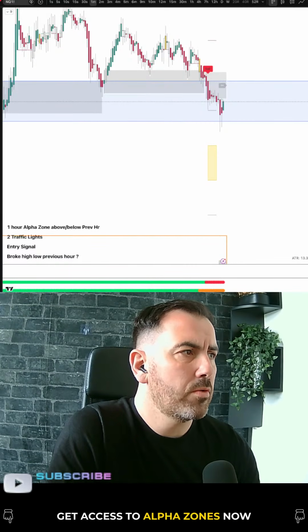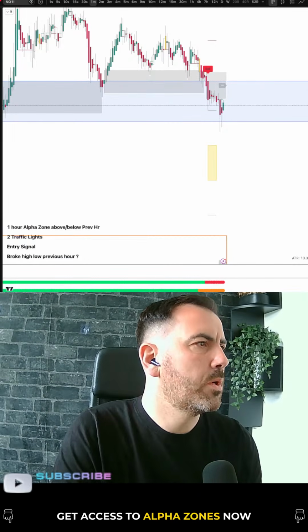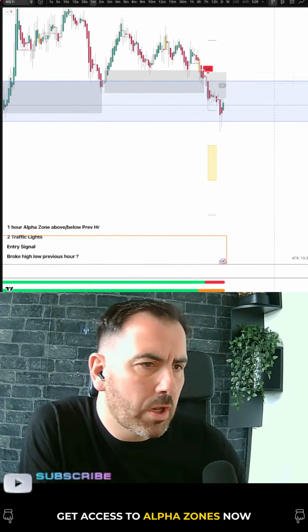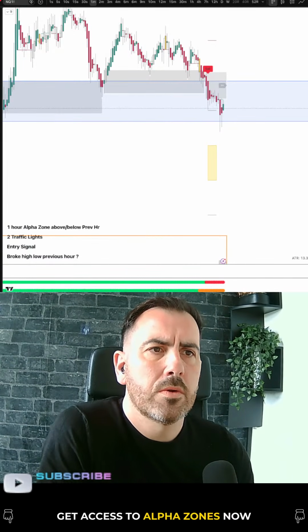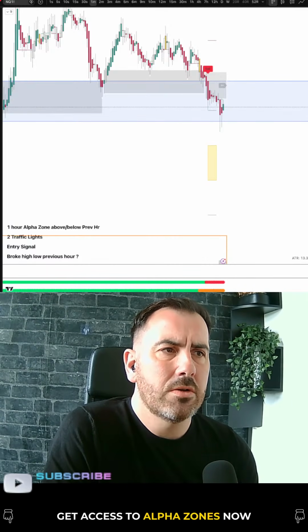The Alpha Zones Pro, to go back further, you will need the other version, because the current version won't let you do it. Let me just have a little look, see if it's in your WAP for you to be able to have a look.